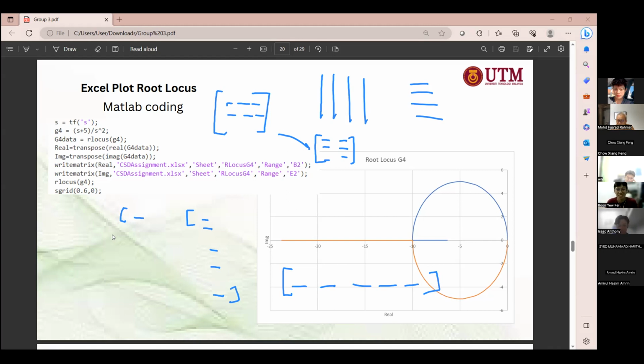Row vector. So you transpose the row vector into a column vector. Yes, so that we can have a clear table in Excel, like this.